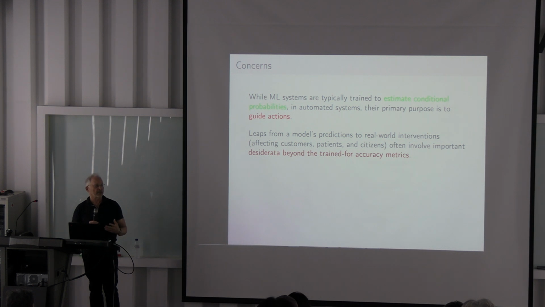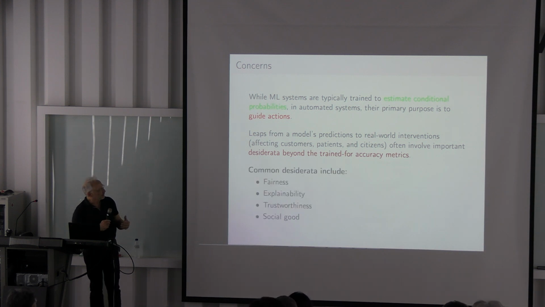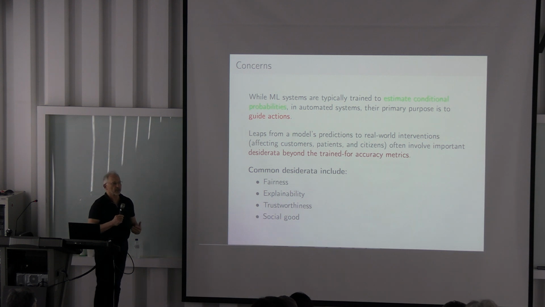So the question is, what should we require of machine learning tools beyond the accuracy of prediction that they are trained on? There are lots of other considerations that we want to take into account. One of them is fairness, the other one is explainability. We want our decisions to be justifiable, so people will understand how we make a decision. We want trustworthiness.